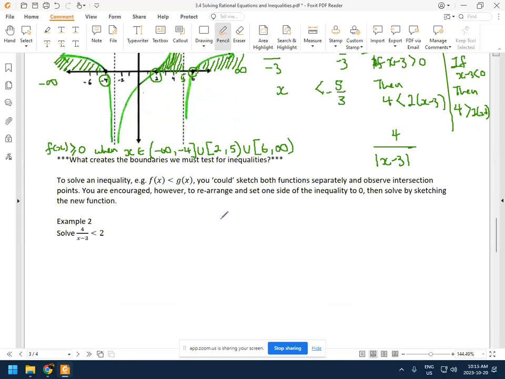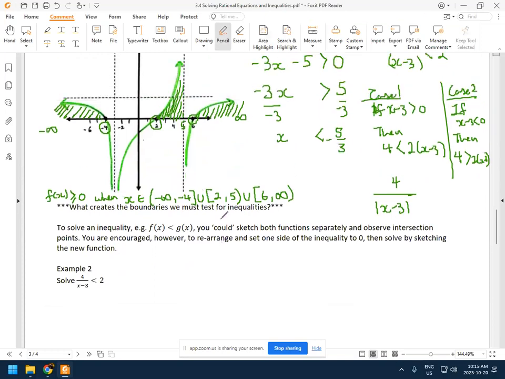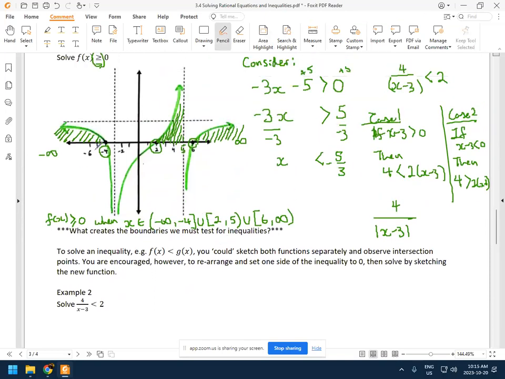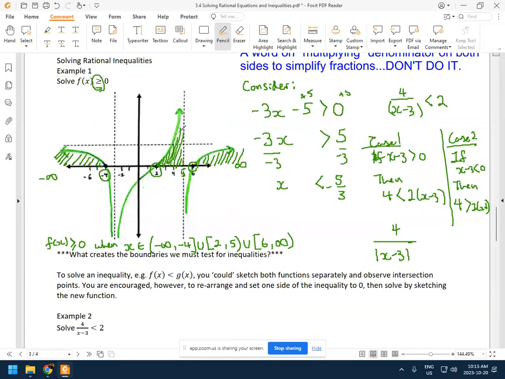So what are we just simply testing here? Does that look familiar? When have we ever done that before? Above or below? Yeah, when you're testing.